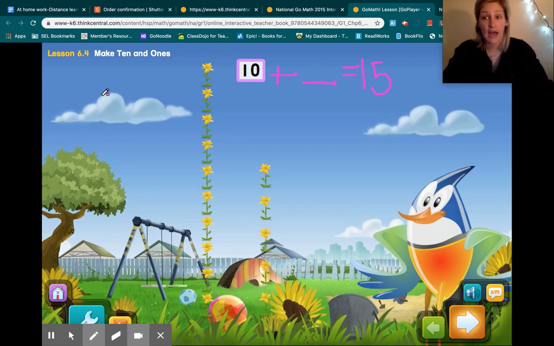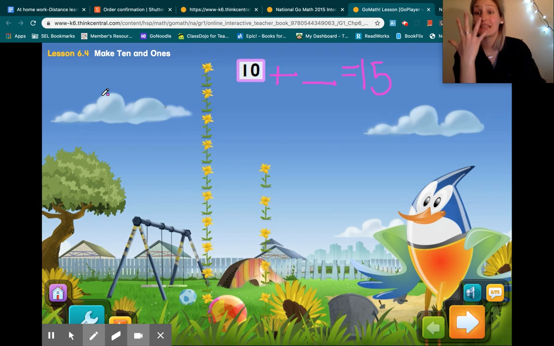We could think in our heads, how many more do I need to count on if I grab 10 and then count it on from there? So I'd like us to grab 10 and then we're going to count on and see how many extra ones we have to get 15. So grab 10 with me. 10, 11, 12, 13, 14, 15.